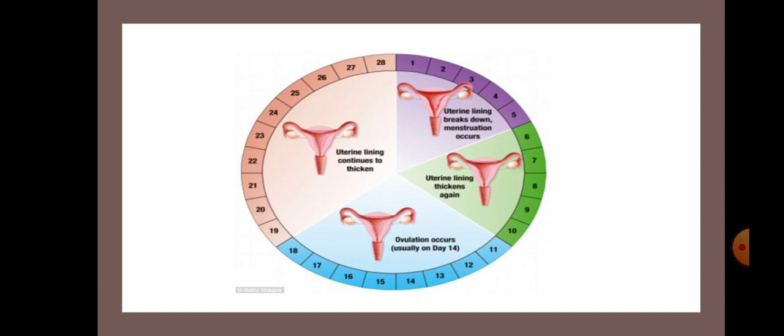Around 10 ml to 80 ml of blood loss takes place. Adolescent females may experience abdominal cramps during this phase, which are caused by the contraction of the uterine and abdominal muscles to expel the menstrual fluid.